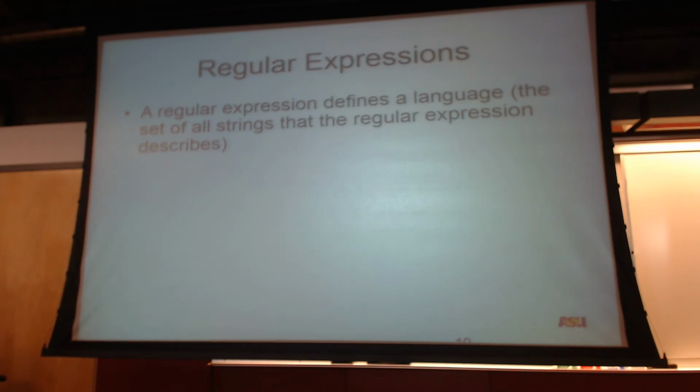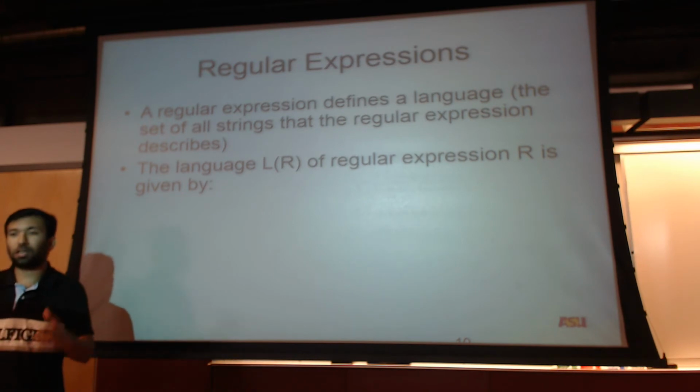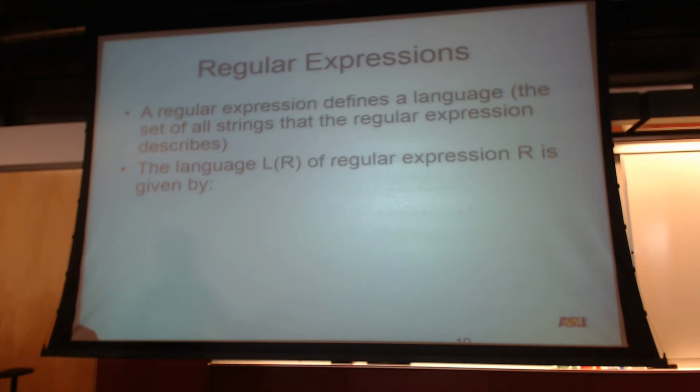Now, how do we define the language of a regular expression? We have just defined some rules. Now, what is the language? What are the strings that are included in a regular expression? If we can find out the strings that follow the regular expression, then the set of all those strings will be the language.